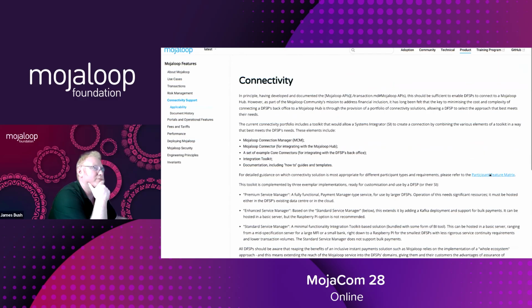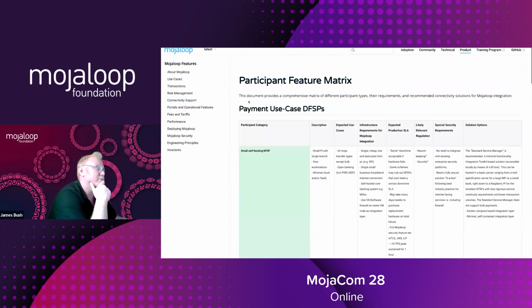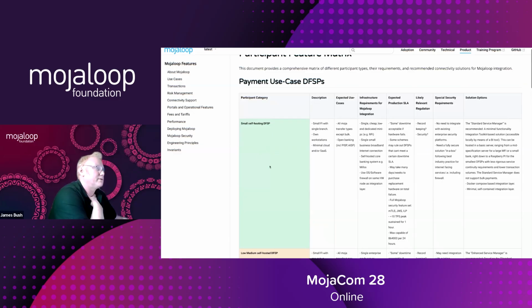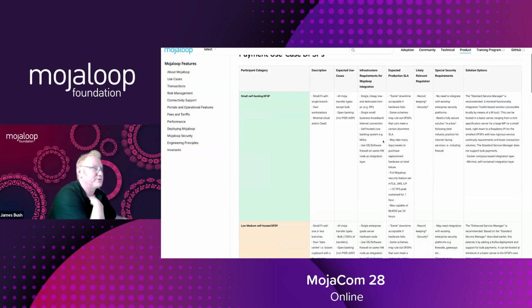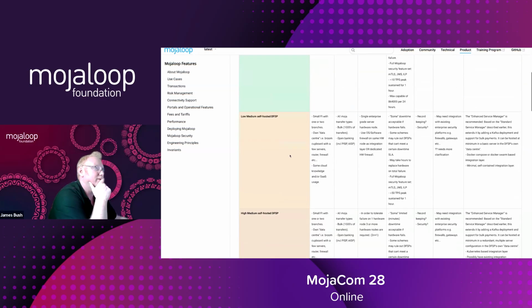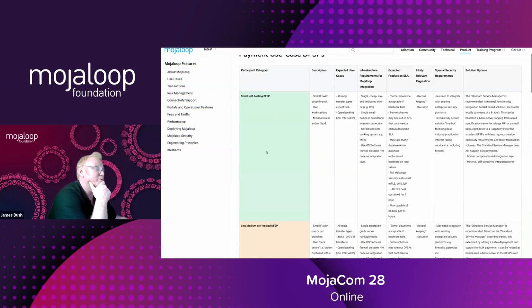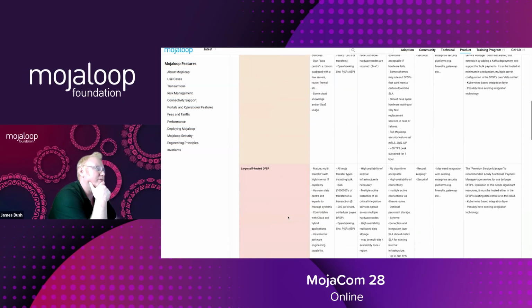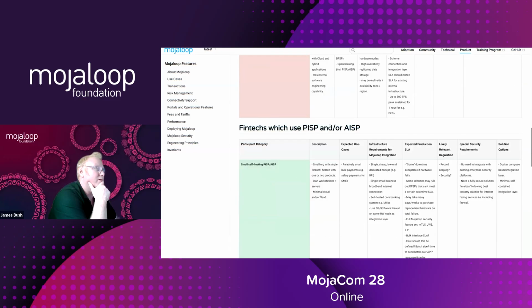You'll see a link to a participant feature matrix, which, similar to what we do with our deployment tools, is a two-dimensional matrix which guides you as to which of the open source options are most appropriate for your particular situation or use case. Right now, we've covered smaller self-hosting DFSPs, medium and large self-hosting DFSPs, and fintechs who are wishing to use the features that you will have heard discussed so far this week, like PISP.